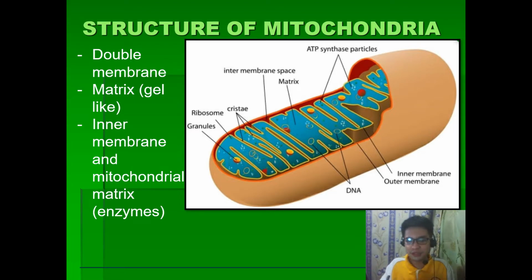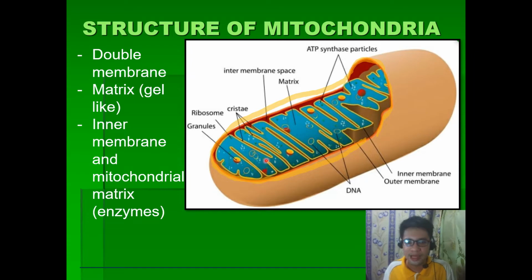So, the mitochondrion in this illustration is a double membrane organelle. It has its outer membrane. So, let me highlight the outer membrane, the color yellow. And then, the intermembrane space. Let me point it using the laser. The color red in our illustration is the intermembrane space.